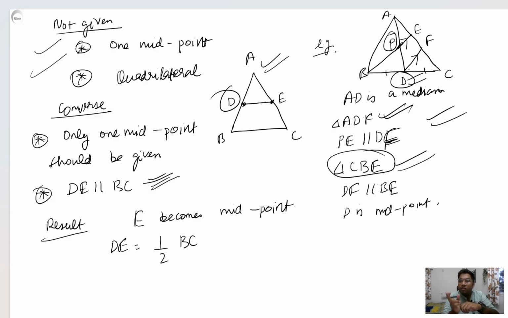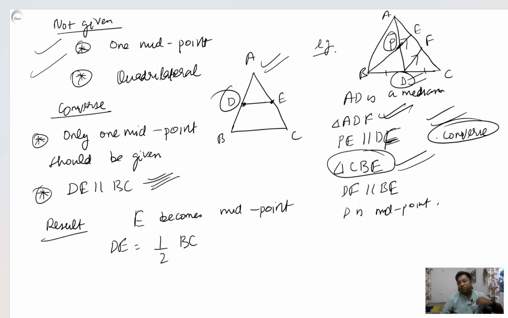But in triangle CBE, D is a midpoint of one of the sides, CB. So in both these triangles, what you will apply is the converse. You can't apply the midpoint theorem, because I have one midpoint and a parallel side. I don't have two midpoints in either triangle that I spotted.